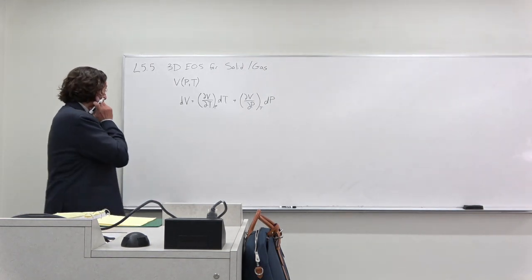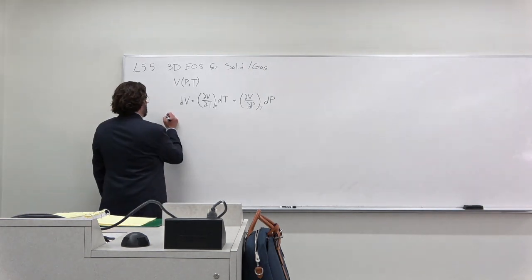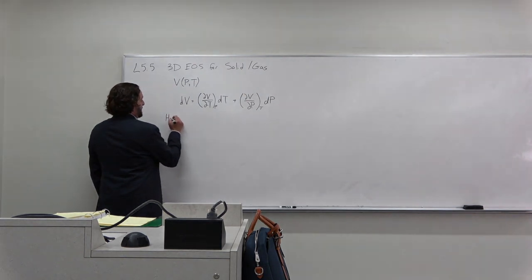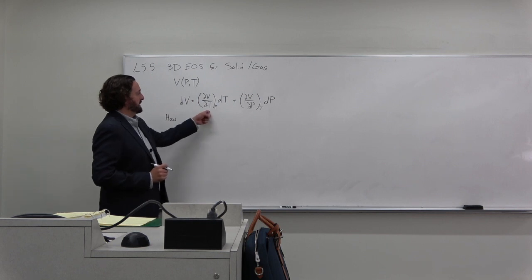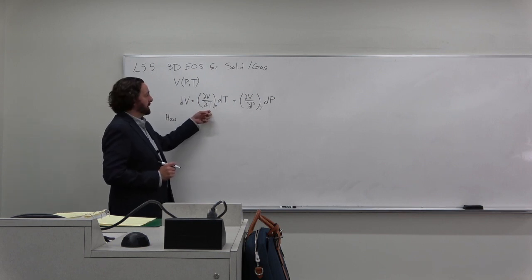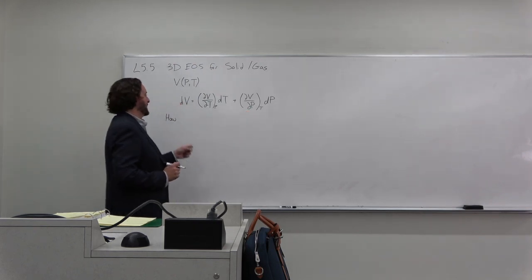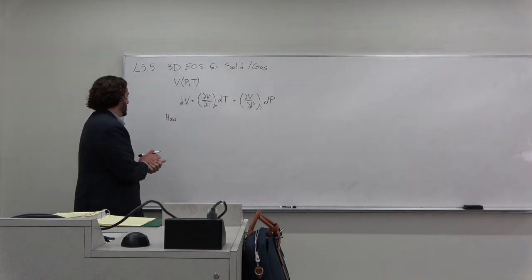So how did we get to such a thing, right? How did we do this? And you'll see that some of these terms, dV dT is going to have to do with the coefficient of thermal expansion. dV dP is going to have to do with the compressibility, right? So we're going to have our equation of state in terms of those things.